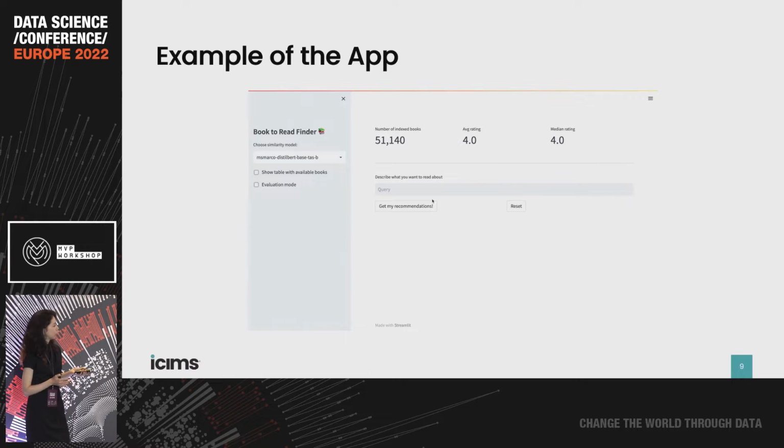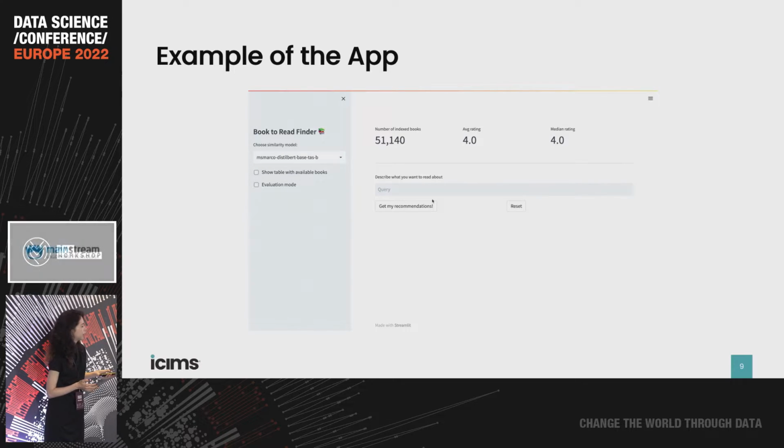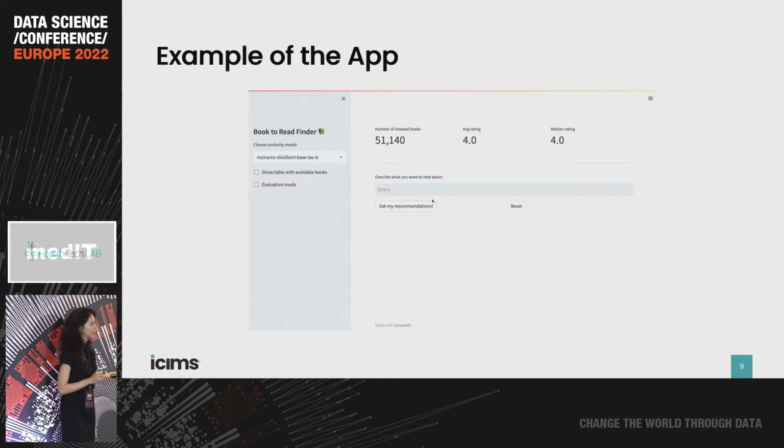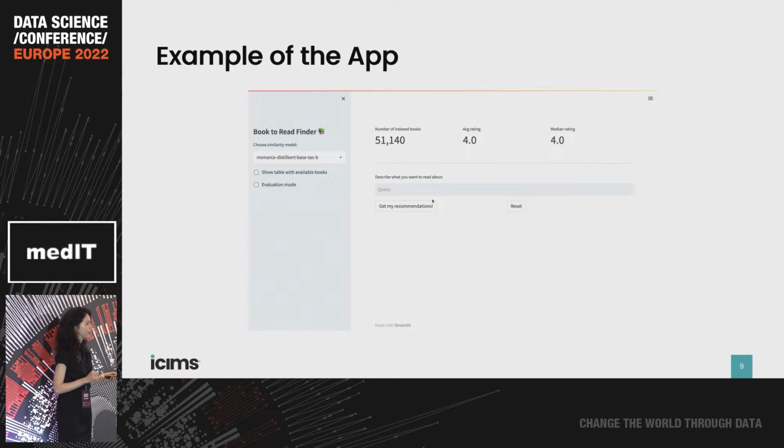Okay, let me quickly show you an example of the app. I was not allowed to use our real internal solution, but I replaced it with book recommendations, which has almost the same functionality. The books repository was taken from, oh, I forgot the website.